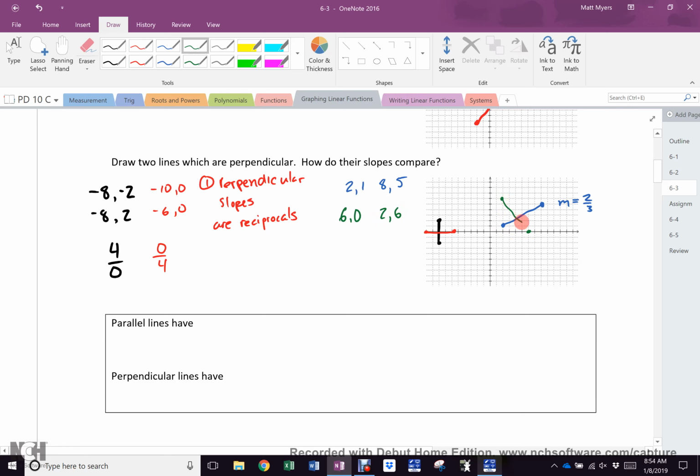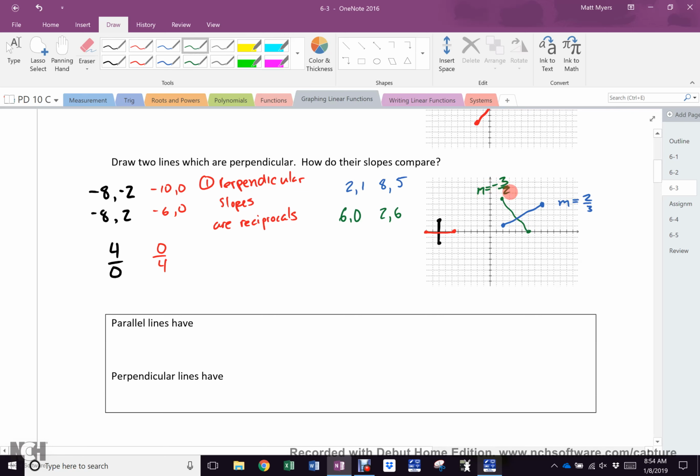Yep. What is that green guy's slope? It is negative, obviously. It is leaning to the left. And what is its slope? Pardon me? 3 over 2? The green guy is negative 3 over 2.